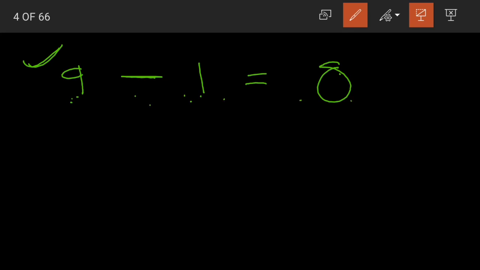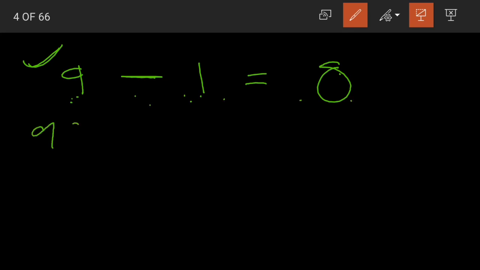How much is 9 greater than 1? The number here should be the greater number. How will you find out? You will find out by subtracting. Yes, 9 minus 1 is equal to 8. How much is 9 greater than 1? 9 minus 1 is equal to 8.